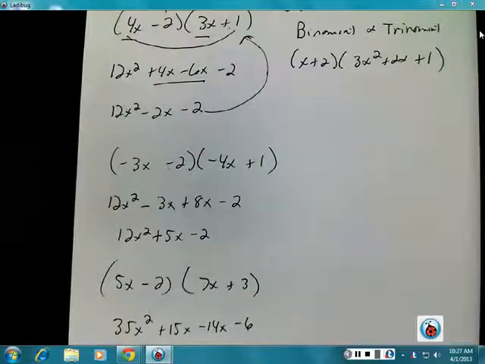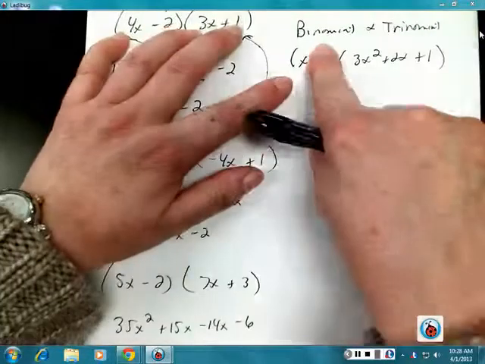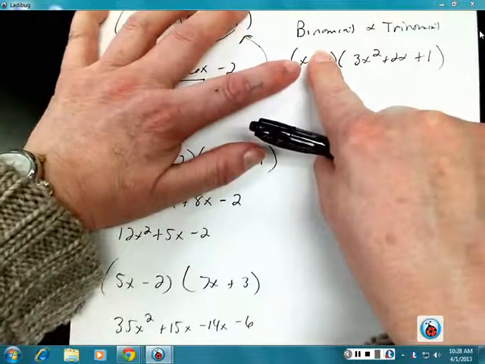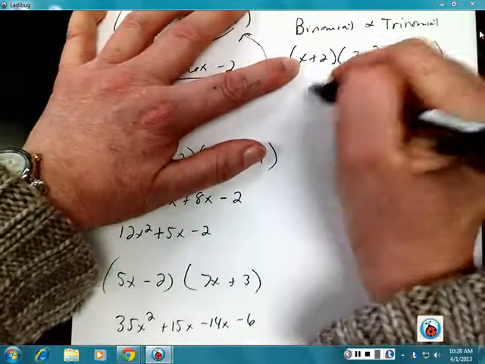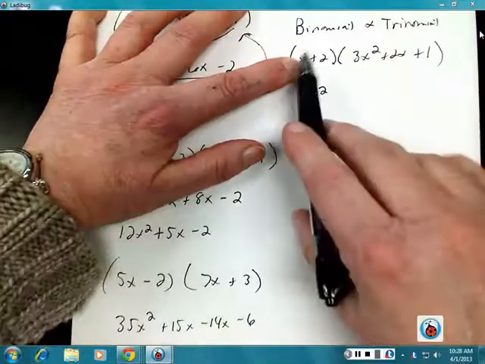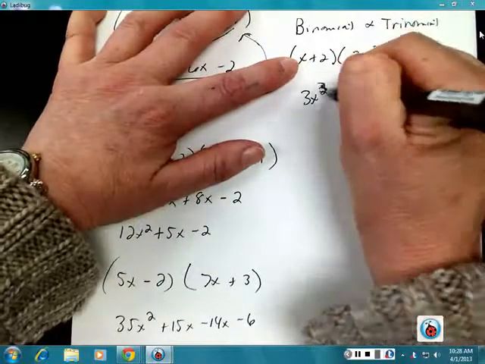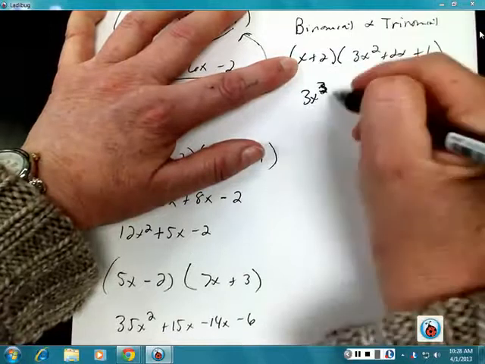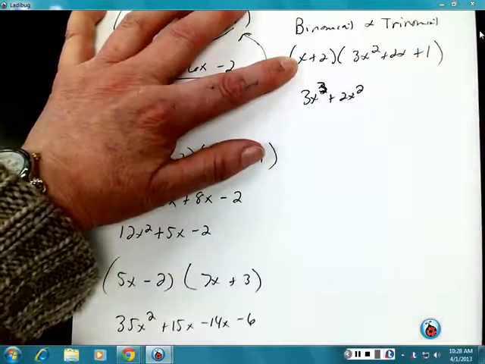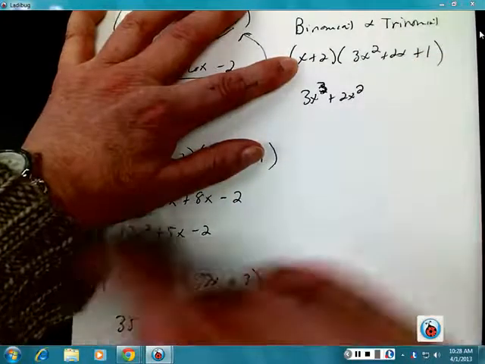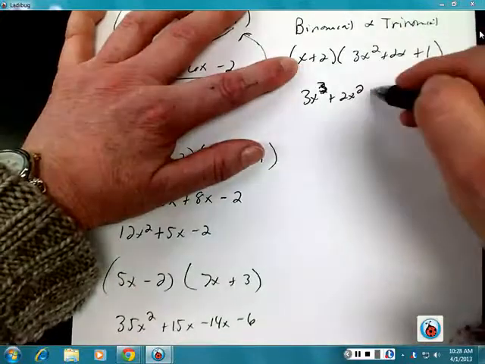Now when you have this, your easiest thing to do is, of course, multiply the first term by everybody. So x times 3x squared is 3x cubed. Sorry, I said squared, this should be a cube. x times 2x is a plus 2x squared. We okay with that part? Yep. And x times 1 is x.